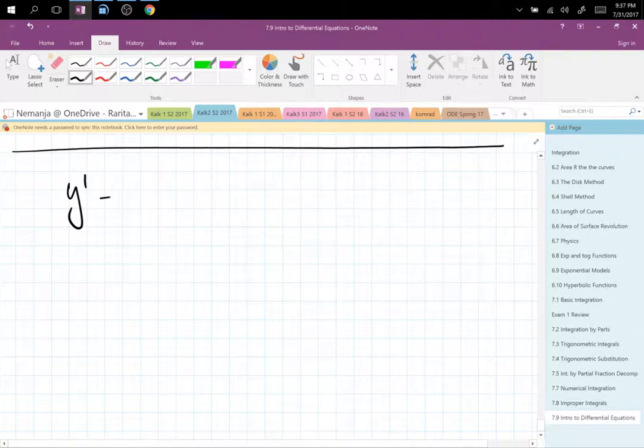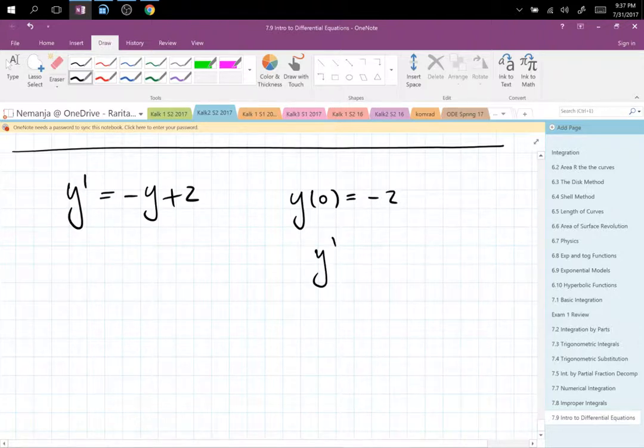Y prime is equal to negative y plus 2, right? And we have y of 0 is equal to negative 2. The formula was y prime is equal to ky plus b, right? So from this one, we find that k is negative 1 and b is 2.